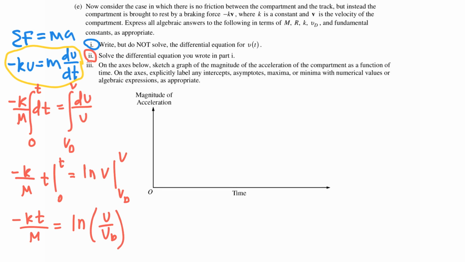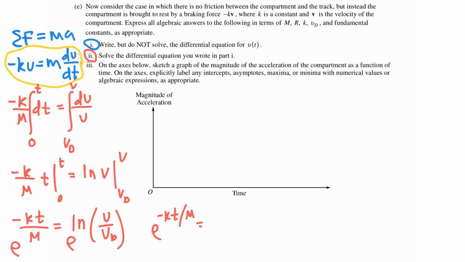And now in order to solve this for v, I'm going to exponentiate both sides of the equation. And on the left-hand side, there's really no simplification that happens. It's just e to the minus kt over m.